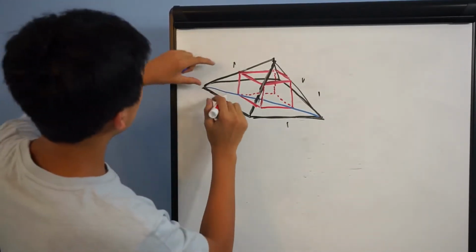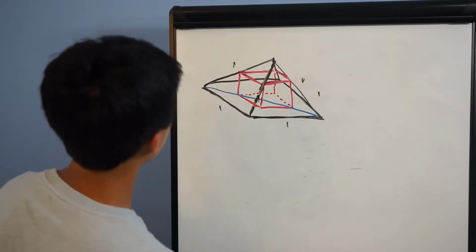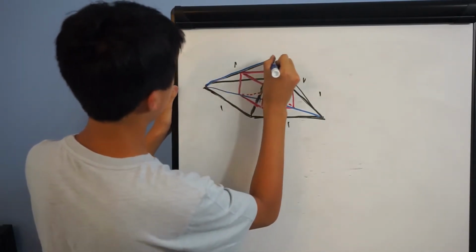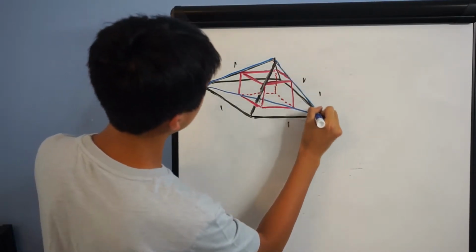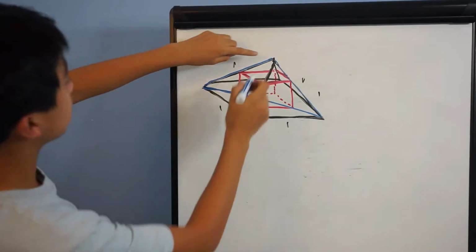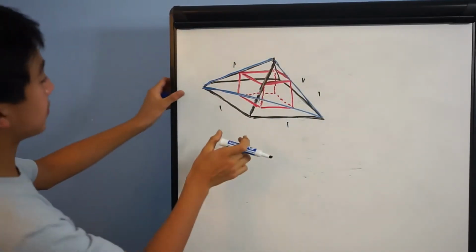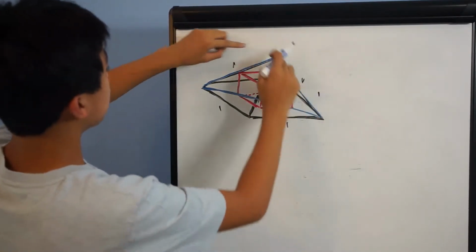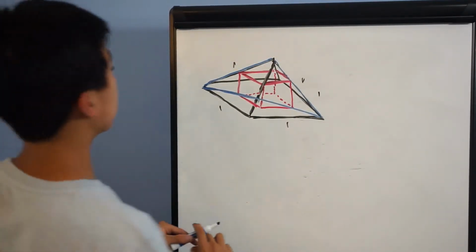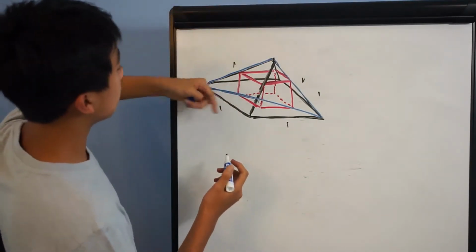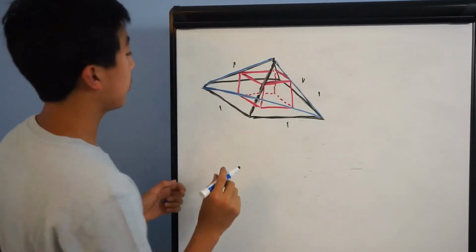And we'll take a look at this triangle here. This triangle consists of the diagonal of the base and these two edges of the face. So it's kind of like a plane bisected this pyramid in half.